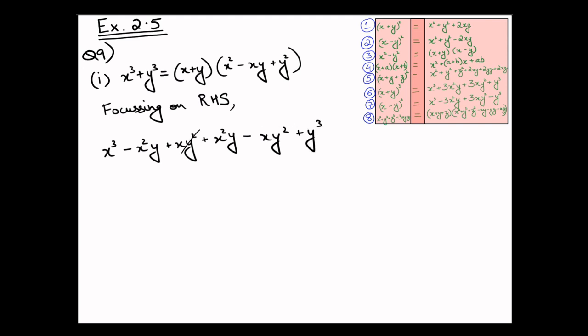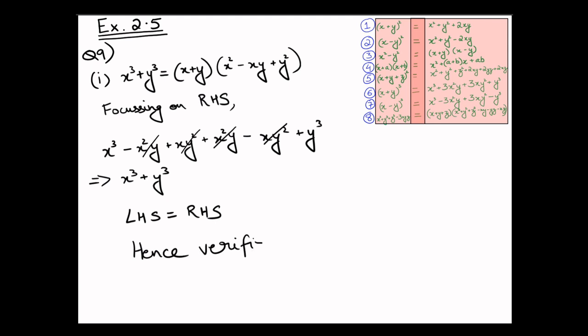Now we can cancel out the terms which are the same but opposite in sign, and what we're left with is x cube plus y cube. Now we can see that the left hand side of the equation is now the same as the right hand side of the equation, hence verified.